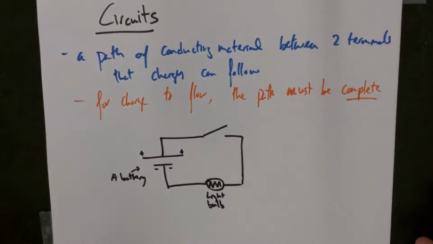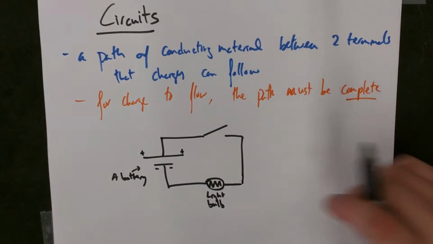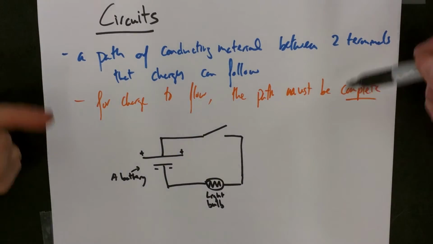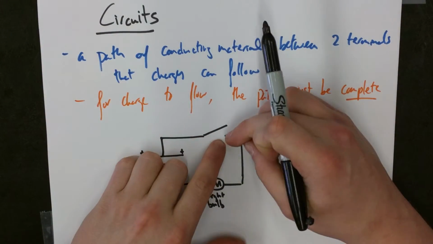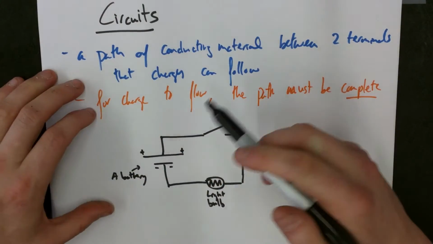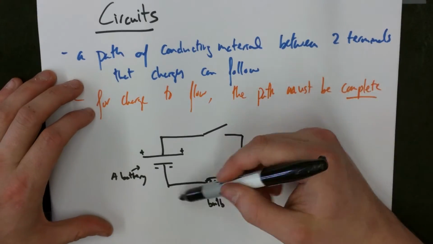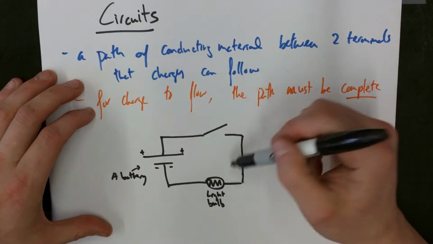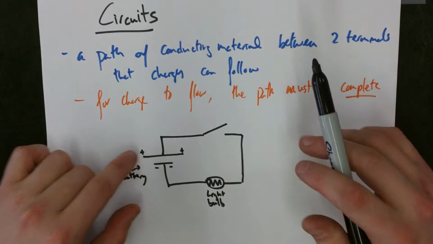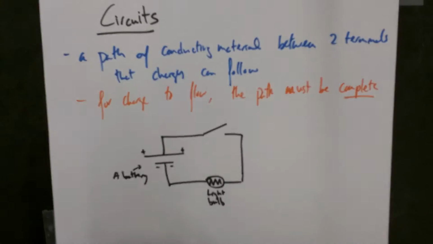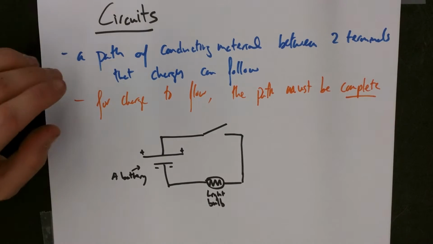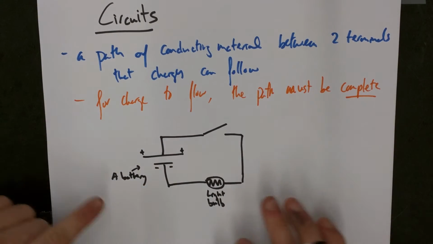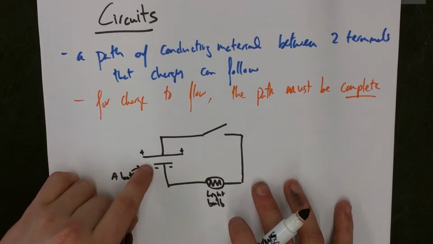Okay, for electric charge to flow here, the path must be complete, meaning I need to turn this switch so that these wires are all connecting so that my electrons can flow to this positive terminal like they want to go towards. Notice that this is creating the electron flow.